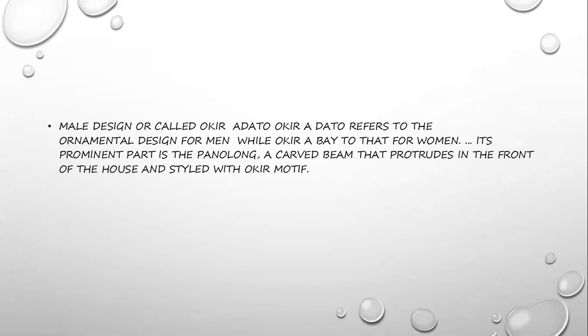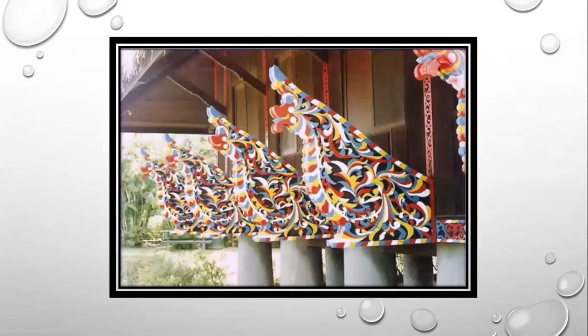Its prominent part is the panolong, a curved beam that protrudes in the front of the house and is styled with okir motif. This picture is a sample of okir a dato, or male design.